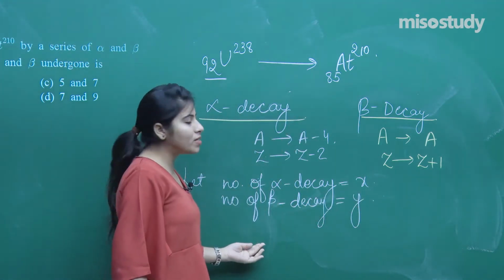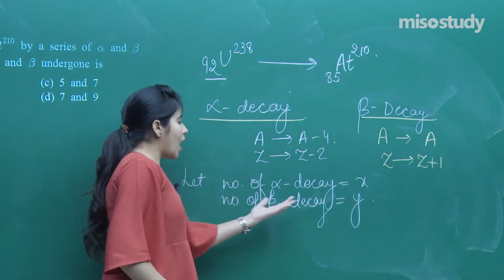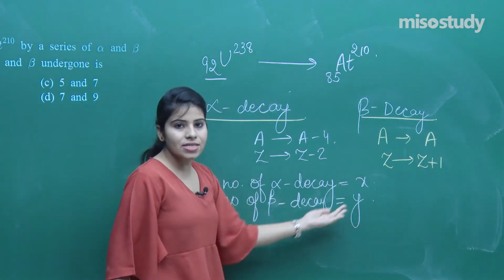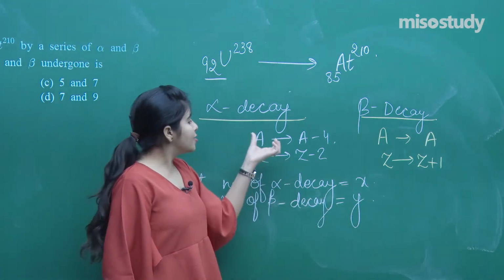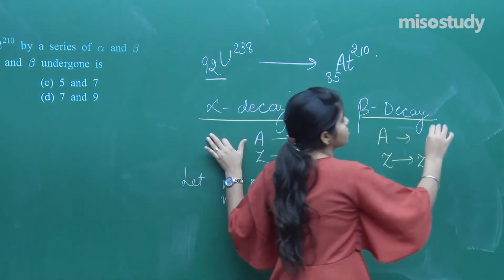Now in this case we have the number of alpha decays as x and the number of beta decays as y.